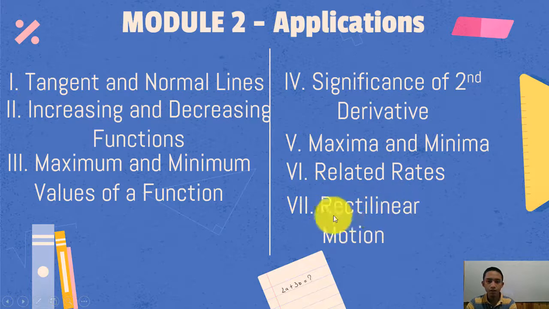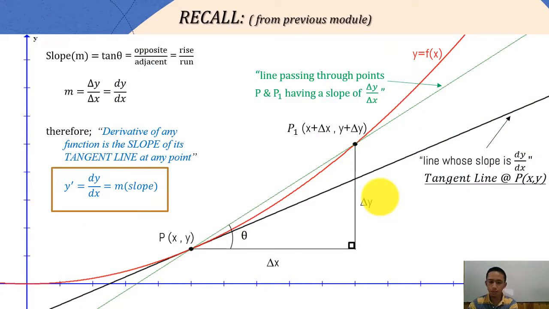If we have extra time, let's try to tackle rectilinear motion. But if not, you can just read about it, or it will be discussed in your physics or in your dynamics of mechanics. Okay, so let's start with tangent and normal lines, and how the derivative is applied in there.